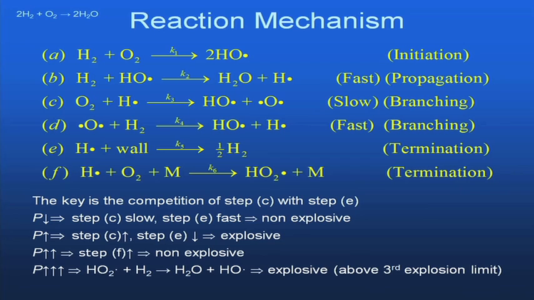There could be another termination step, that H dot plus O2 producing HO2 dot, while M is another molecule present there, or maybe another entity. This is also a termination.